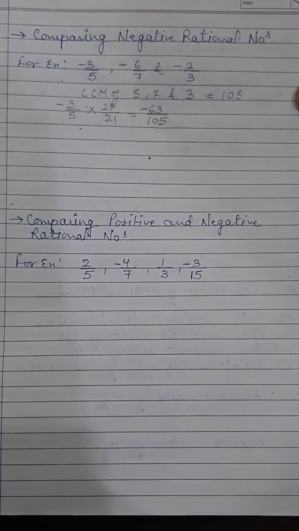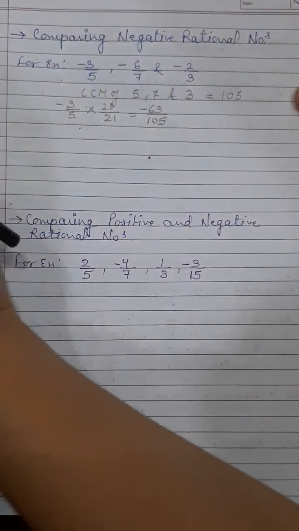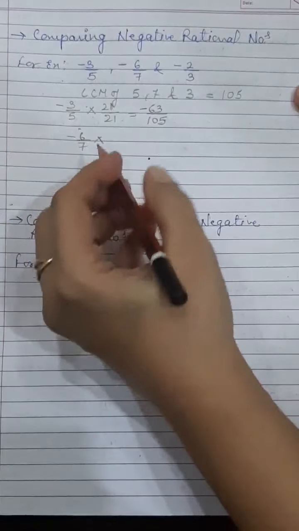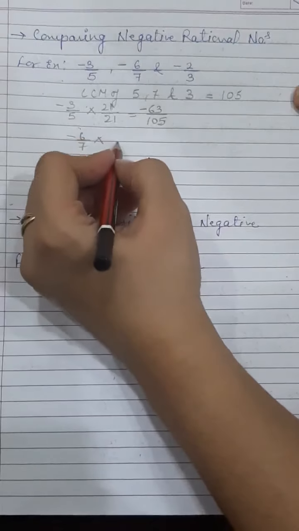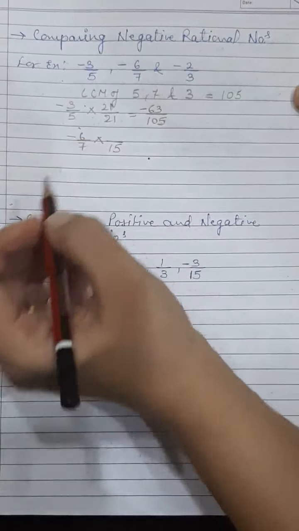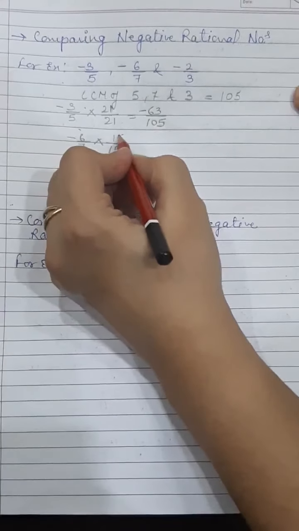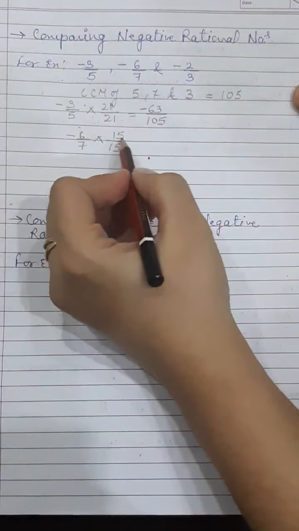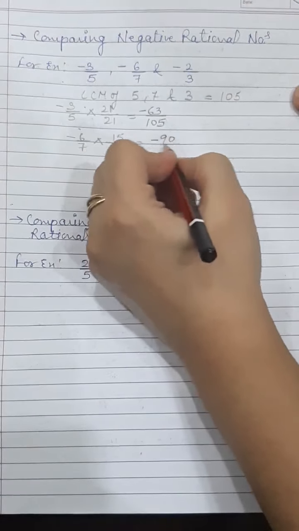Now you have to convert for minus 6 by 7. So minus 6 by 7, which number you have to multiply to convert into 105? 15, right? So 15 with numerator as well as denominator. So now multiply the numerators. 15 6s are 90. So minus 90 upon 105, right?